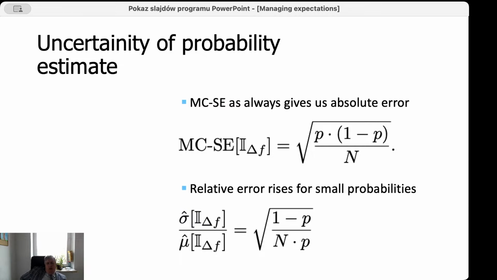And if we consider a relative error, we need to divide that by the appropriate number, in this case p squared. Under the radical there are some cancellations, and we get the radical of 1 minus p over n times p.